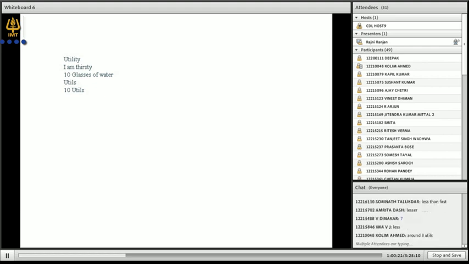So I assume my second glass of water gives me 9 utils of satisfaction. Further on, the third glass gives me 8 utils, then the fourth glass gives me 7 utils of satisfaction.